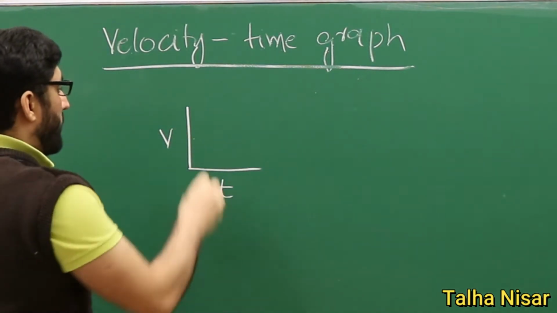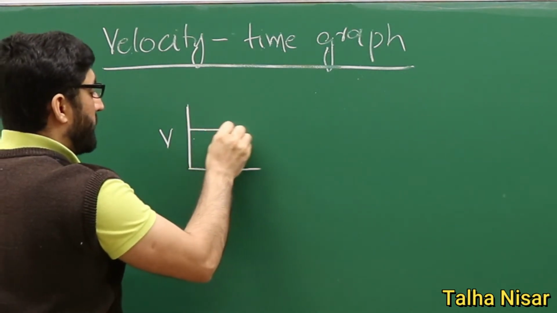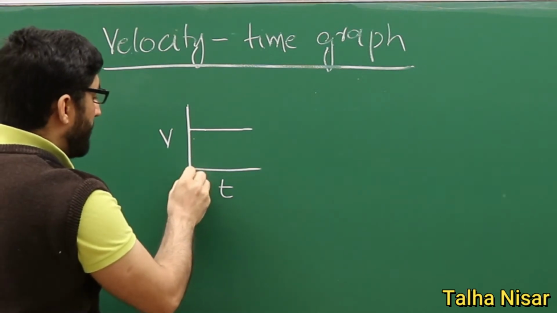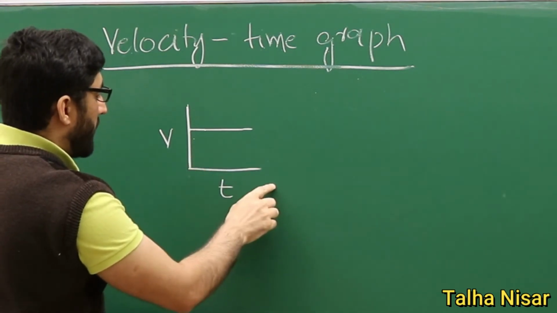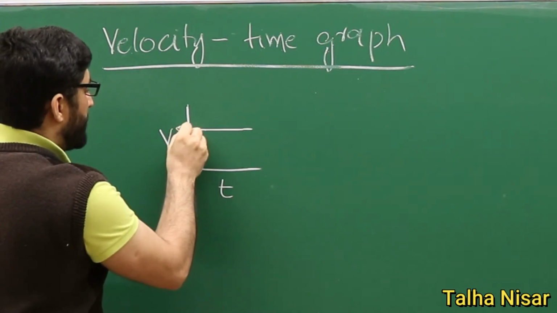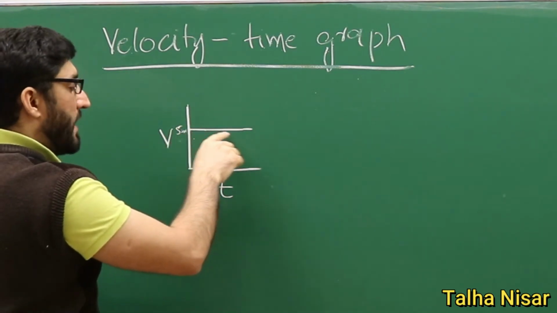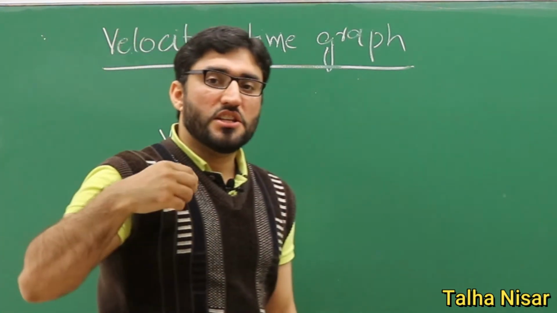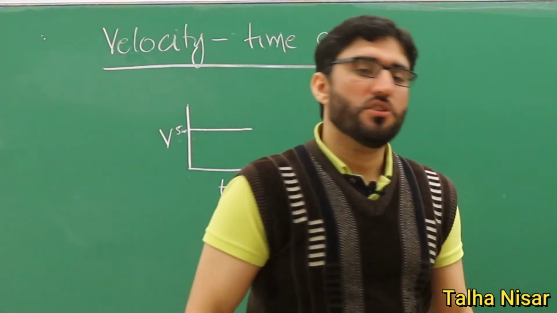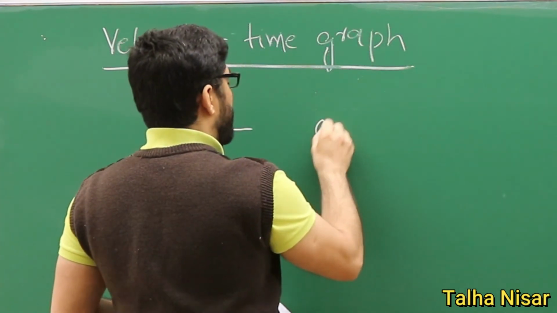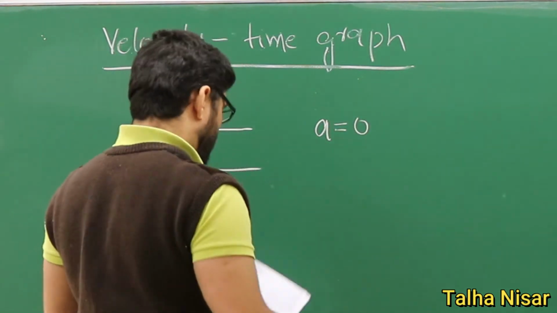Whenever we have a straight line, horizontal like this, it means that with the passage of time the velocity is constant. For example, this is 5 meters per second here, and it remains the same throughout the time, which means there is no change in the velocity. If there is no change in the velocity, that means the acceleration is zero.